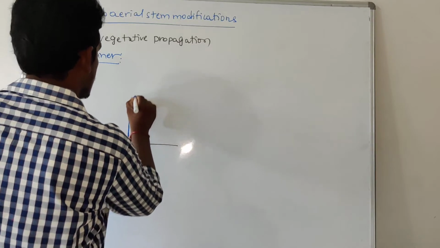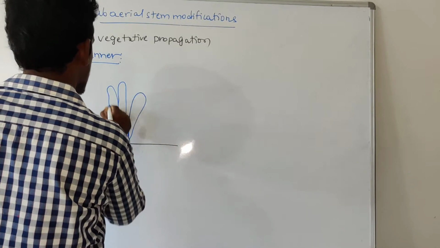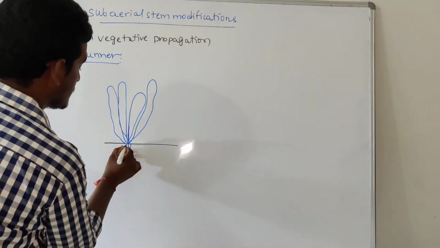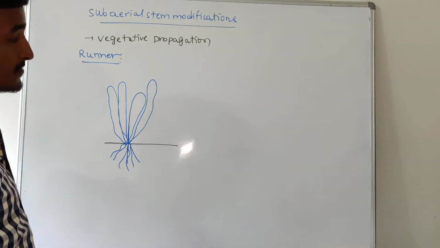Above the soil it produces a shoot system, and below the soil it develops adventitious roots.